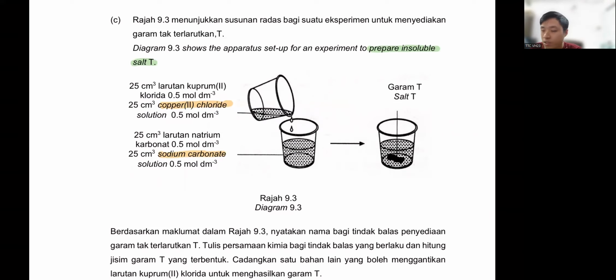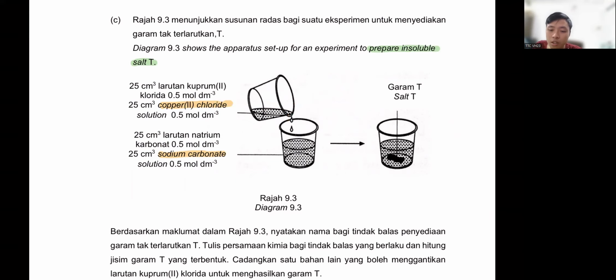In this case they gave you two soluble salts, which are copper(II) chloride and sodium carbonate. All sodium salts are soluble. And copper(II) chloride, chlorides are all soluble except Pb, Ba, Ca, so copper(II) chloride is soluble.